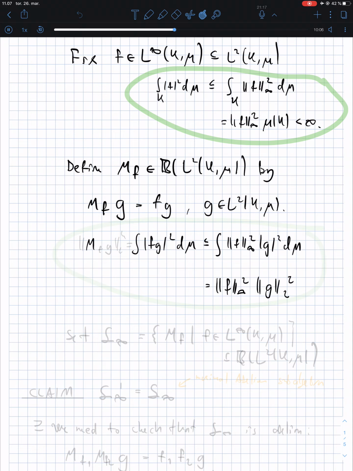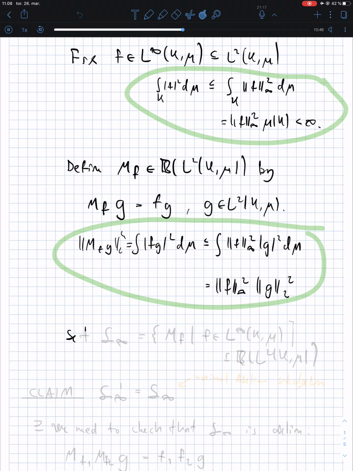Right, so this means that fg actually is an L2 function, and it also tells me that M_f of g's 2-norm squared is the same as that. So this also tells me that M_f is a bounded operator, and you can see that the norm of M_f is less than the infinity norm of f. Actually, you can prove that they're the same, but I don't really need this.